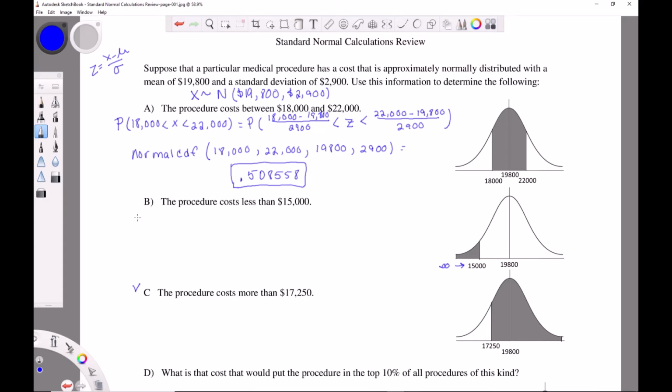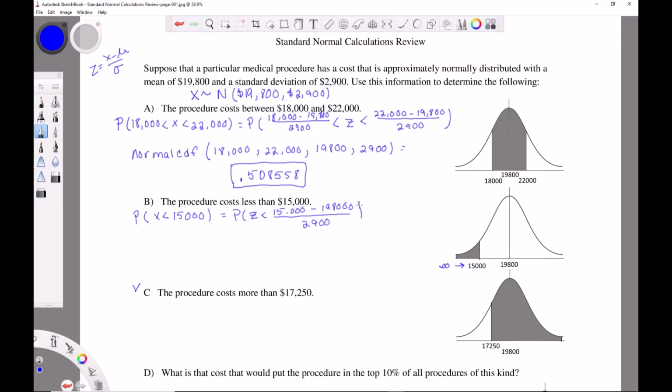So this is the probability that x is less than 15,000, which is the same as the probability that z is less than 15,000 minus 19,800 divided by 2,900.